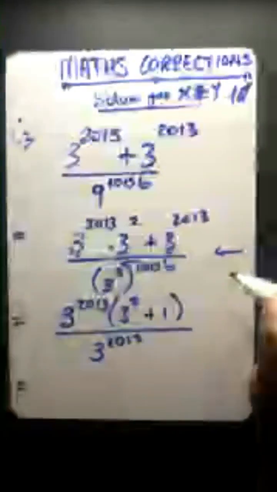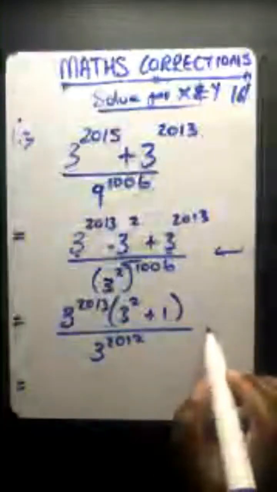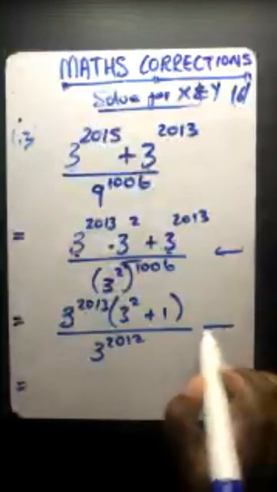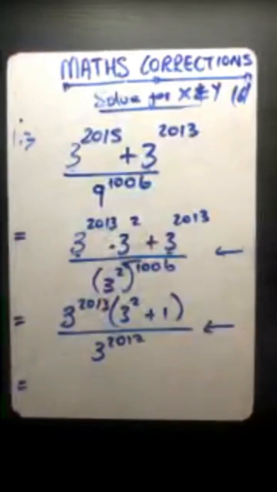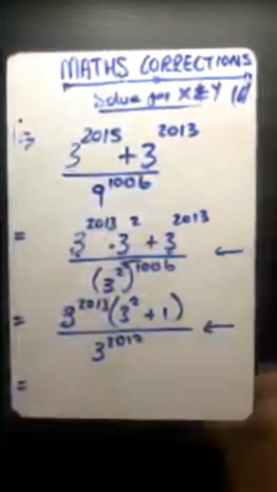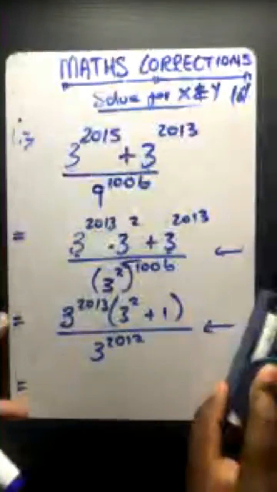How we got to take out the common factor. But wait, guys, is it this step that you're asking about, or is it that one? It's the first one. Maybe second, how we got the 3 squared. Okay.